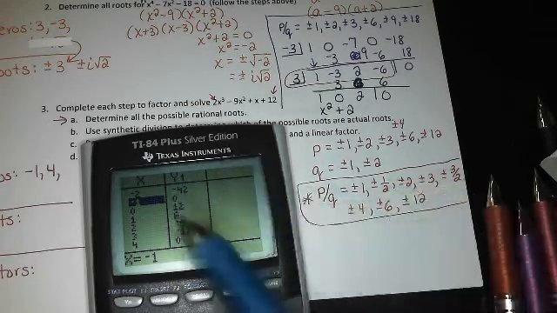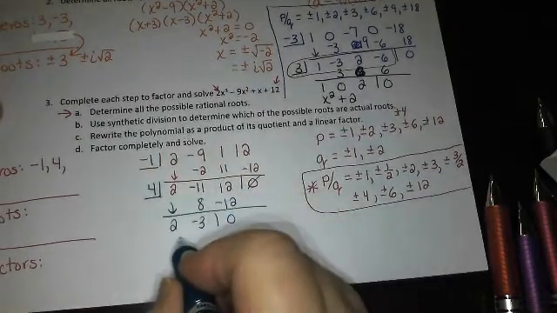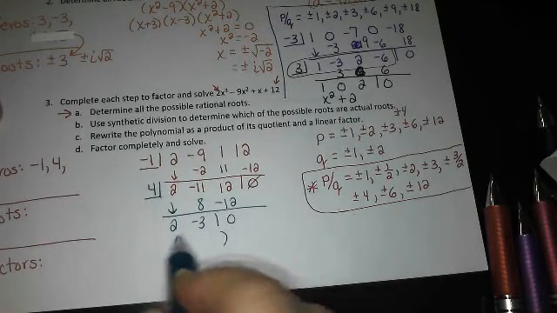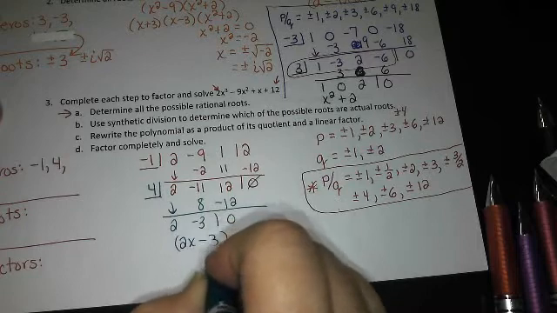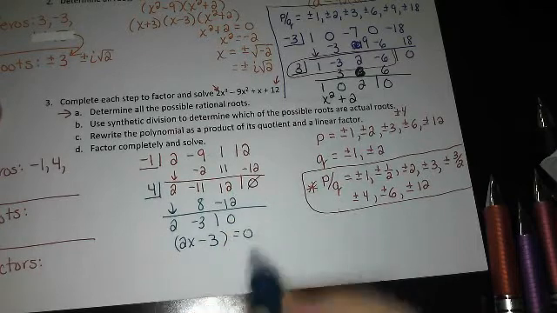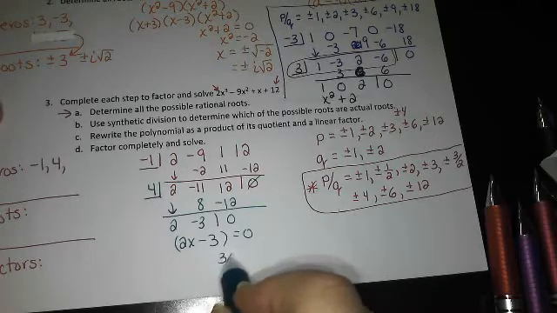Does that make sense? Alright, so what does the 2 and the negative 3 represent down here? What factor does that represent? 2x minus 3. So what 0 comes from that factor? 3 over 2.